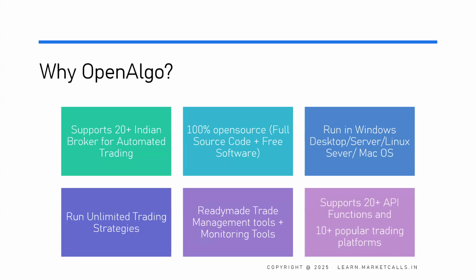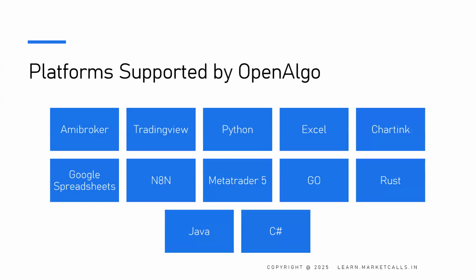The best part is you can run unlimited trading strategies. There is no binding over there. You can run any number of strategies on any number of platforms. Close to 10 plus popular trading platforms are supported. OpenAlgo is not limited only to Amibroker. It also supports platforms like TradingView, Python, Excel, Google Spreadsheet, N8N, MetaTrader 5.